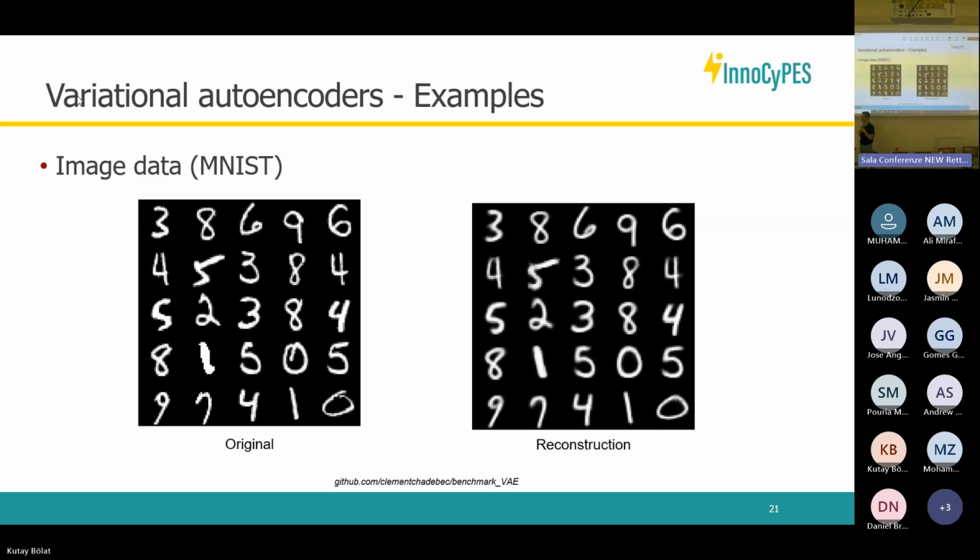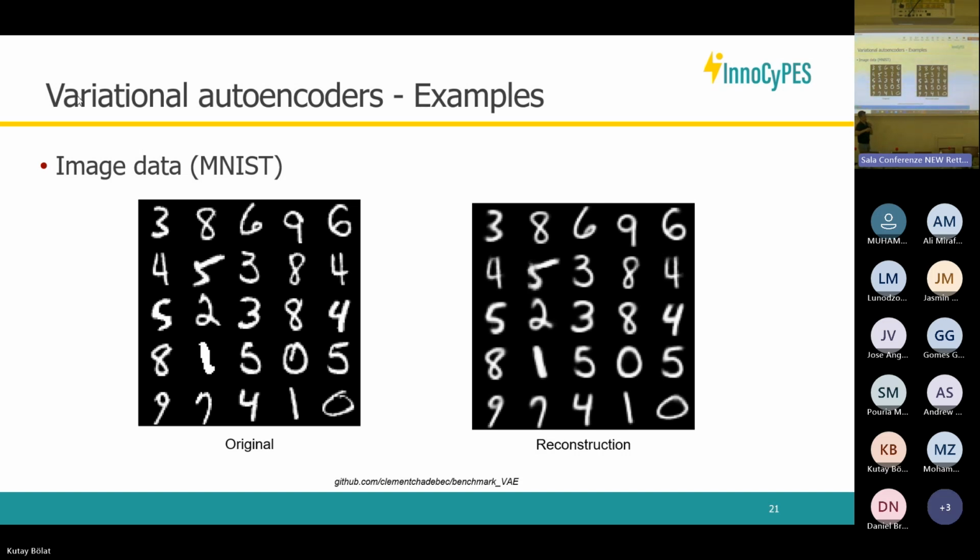So, some examples. This is the most well-established data set in the image processing community, MNIST, the handwritten digits data set. As you can see, these are the original data points, and after training using a variational autoencoder, these are the reconstructions.